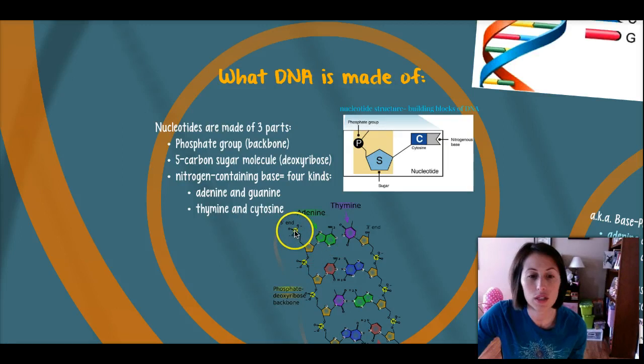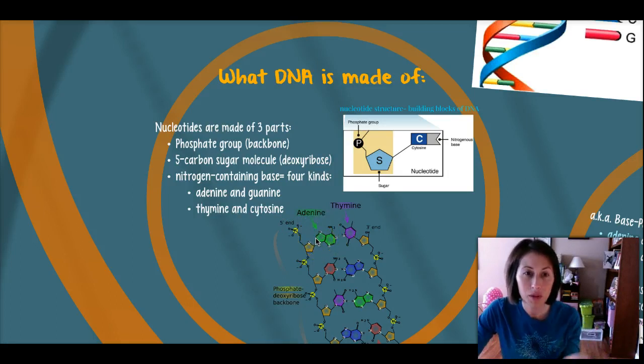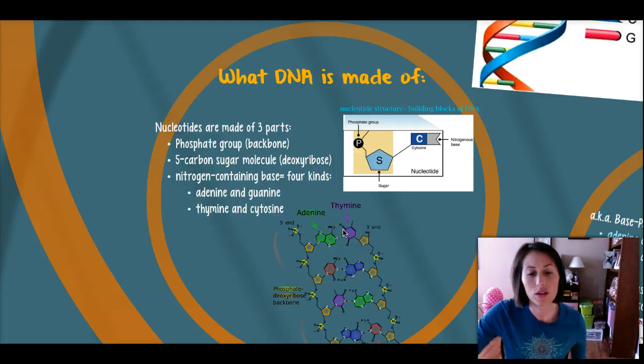So here's one nucleotide. We've got your phosphate group, a deoxyribose sugar, and a nitrogenous base. And its complement, the one that matches it, is going to be on the other side. So here, right here, is the matching or complementary nucleotide.